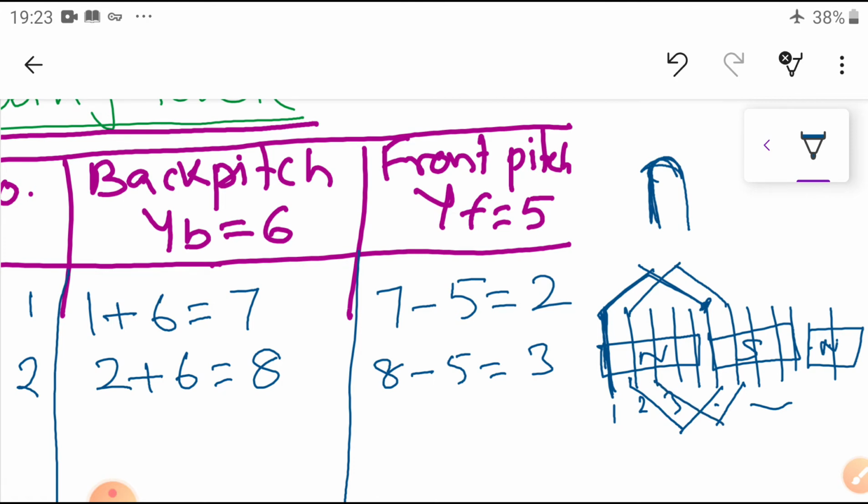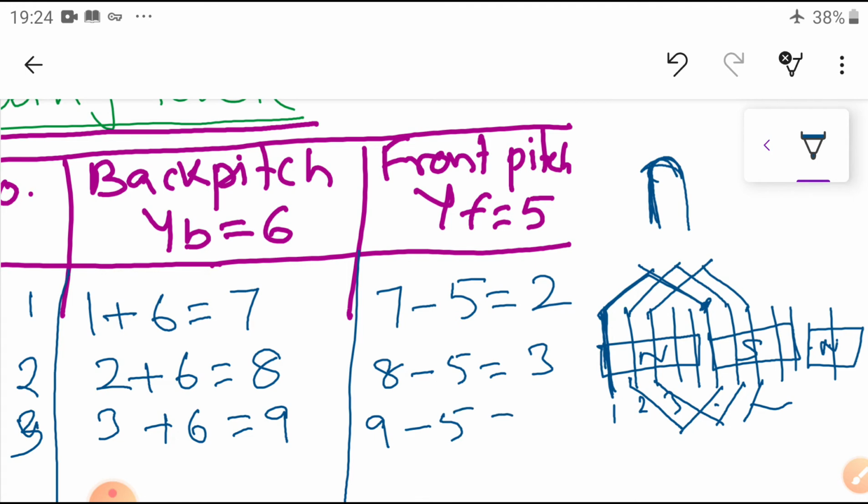Then the third, 3 plus 6, the ninth conductor. So the third one is connected to the ninth one here. And the ninth should be connected where? 9 minus 5 is equal to 4, so it is connected to the fourth conductor.